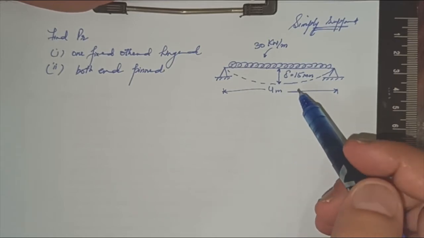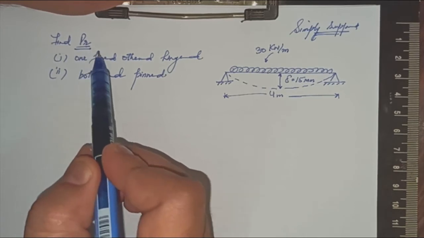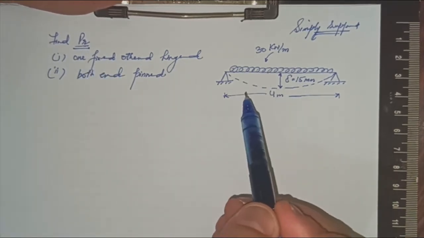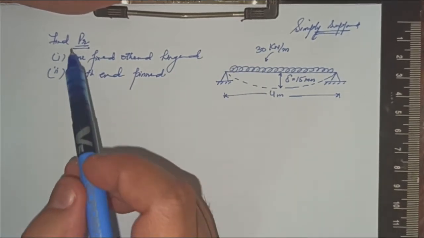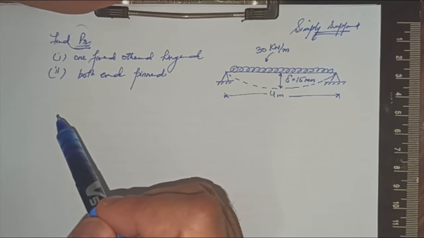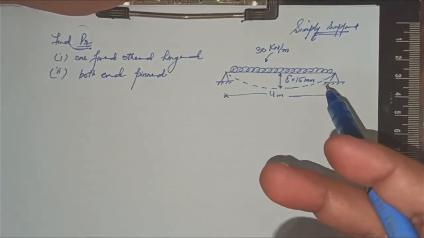Determine the crippling load or critical load when this beam is used as a column. This beam as a whole will be used as a column somewhere.